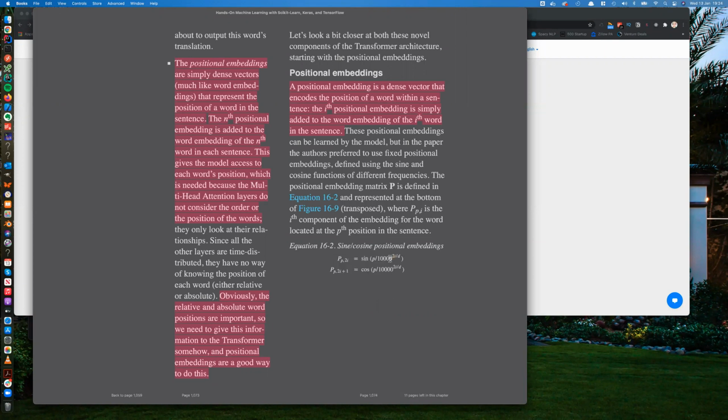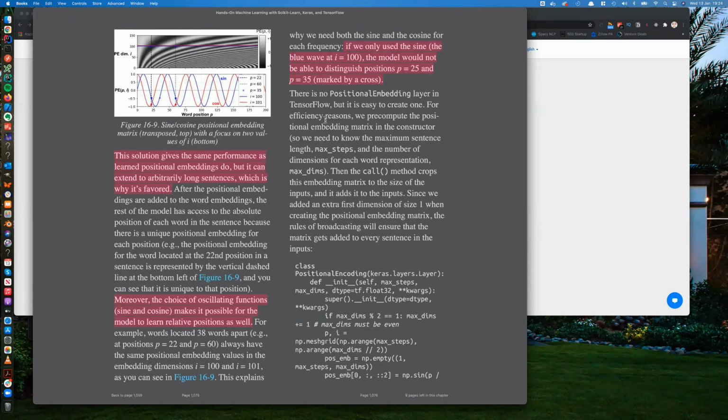Yeah, maybe that does make sense, that each one of these is actually going to be unique in some way. It might be that the sine value is the same, but the cosine value will be different. Okay. And then there's a little bit of explanation about how you would create one of these, because there's no built-in positional embedding layer.